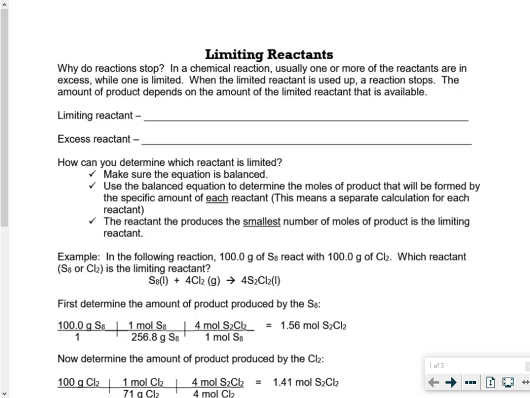And if you want to get real technical with the good chemistry term, you would say it's the reactant that is completely consumed. So that would be a good way to say it. You might see it phrased that way in problems where they talk about being in excess or being completely consumed.